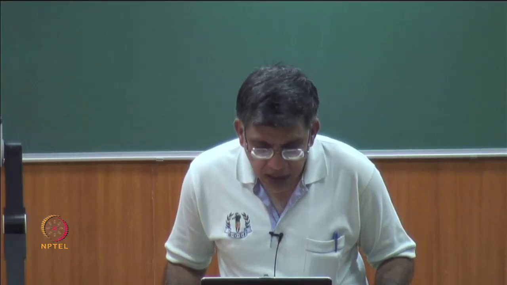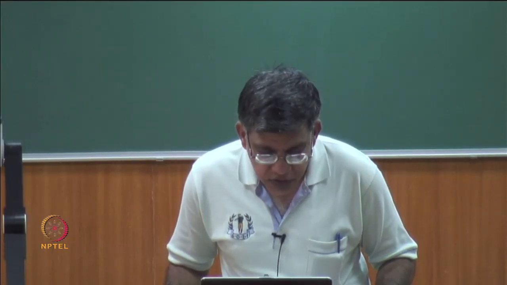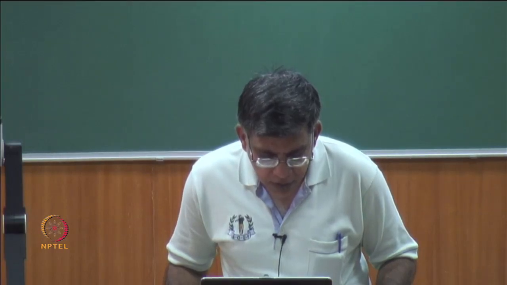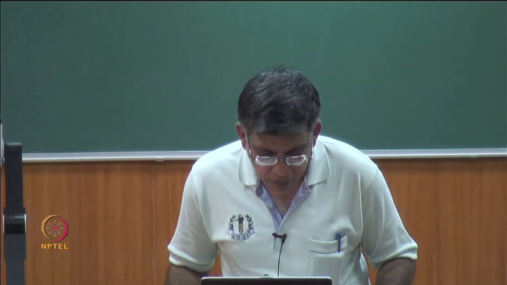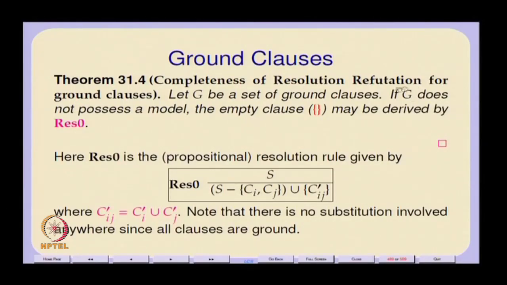Okay, and in fact, the Tableaux methods are also very much like that. We'll come to that, but let me go back now to first order resolution. Essentially, refutation is the only thing for which we can expect completeness, but then as we know from our original definitions, refutation is sufficient for proving anything.